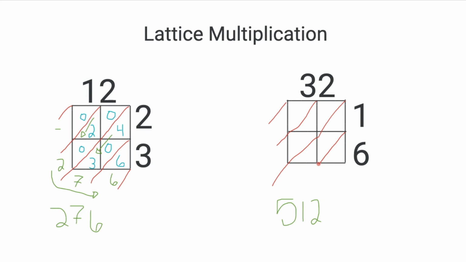Starting in the top right again, we have 32 multiplied by 16, so 2 multiplied by 1 is 2. 2 multiplied by 6 is 12. And so this time we're going to put our 2 in the bottom triangle, and we're going to put our 1 in the top triangle of this grid square.